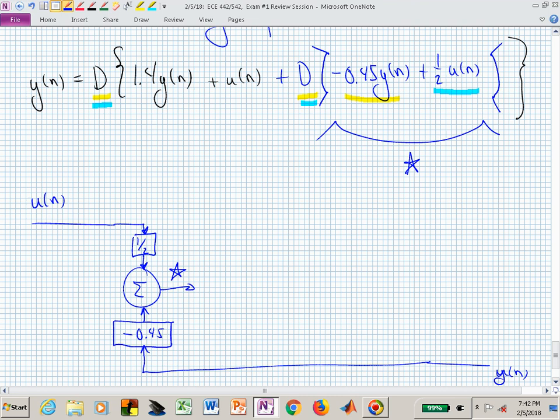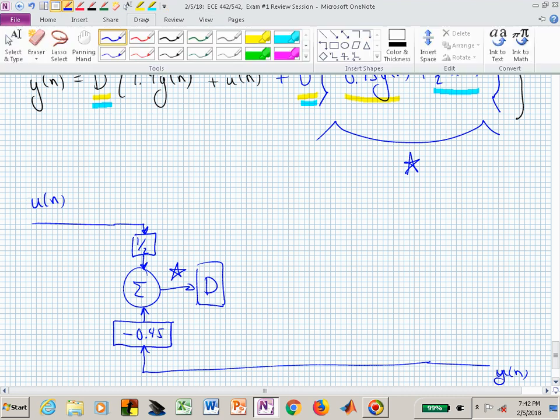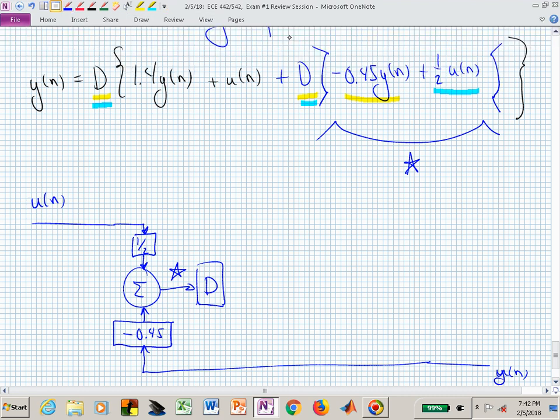Then coming out of that rightmost delay block is going to be a delayed version of star. I need another color. That's now right here. That's this signal.